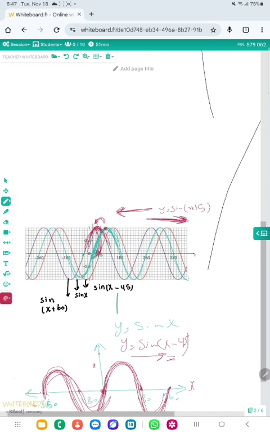Okay, now it's clear, which is at x equals 45. Now we are in the red graph, and here look at this point to compare. The green one was the original. I transformed it to the right by making x equal 45. Now look at this point and read its x coordinate. Yes, it's 45 units to the right.